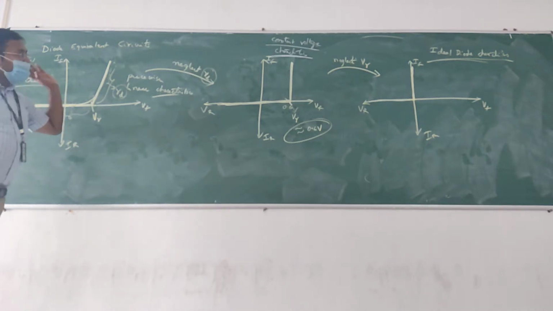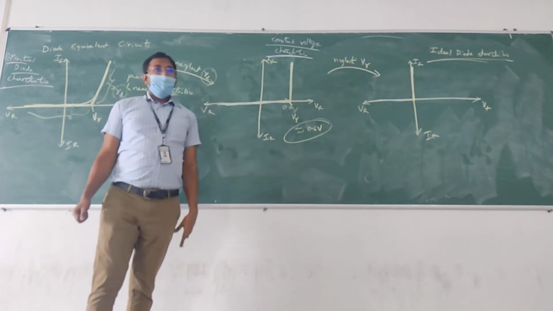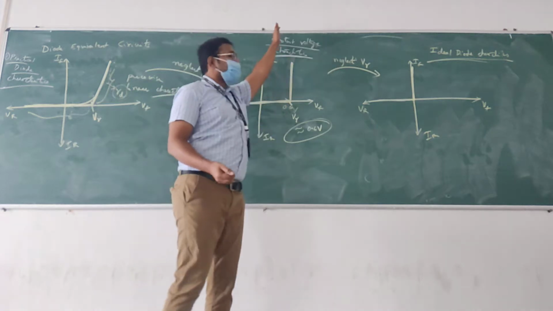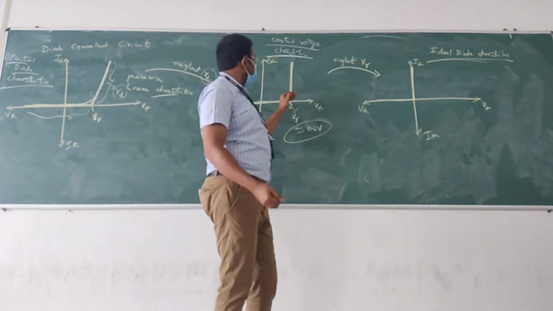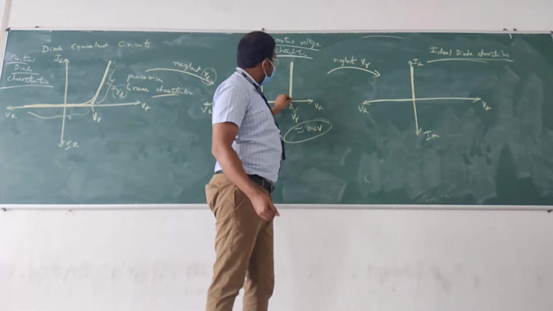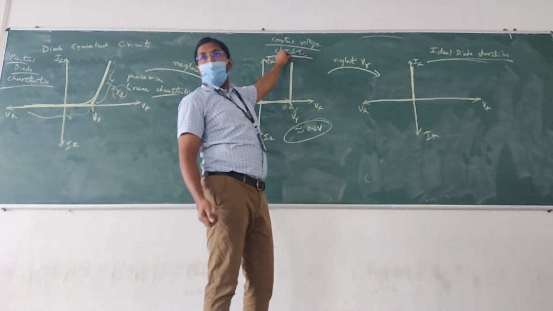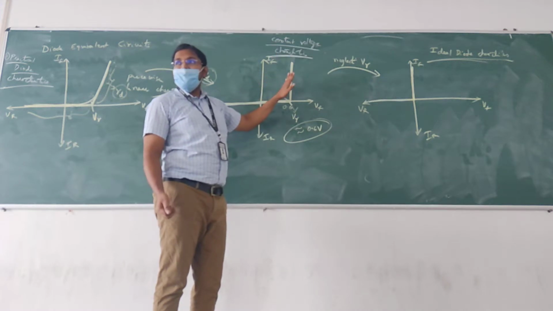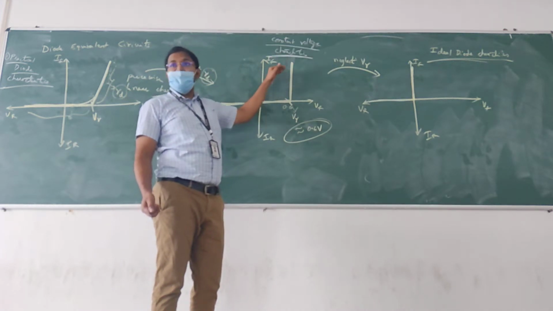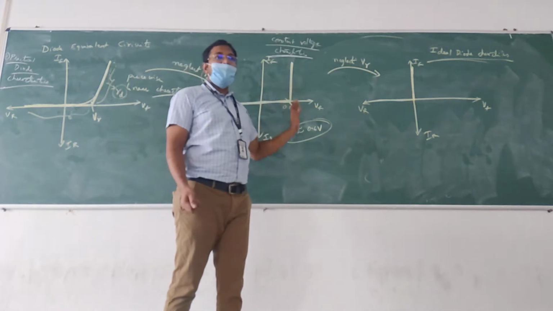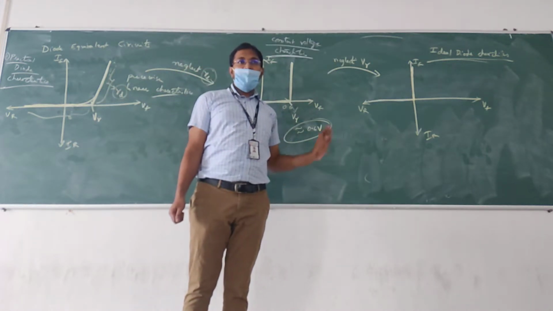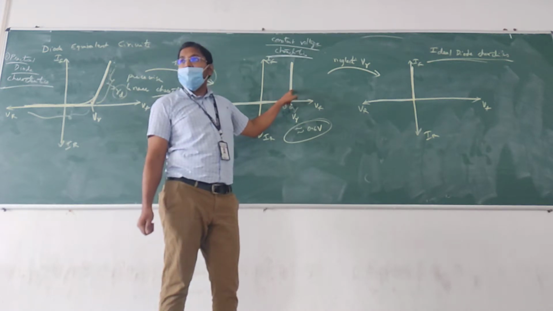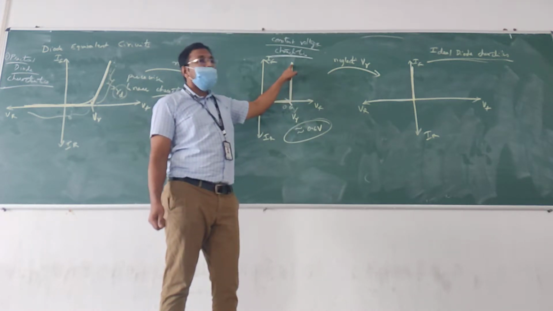Why is this called constant voltage characteristics? Just observe. When we travel along this path, the corresponding Y component, which is current, is changing, but voltage is constant. Voltage 0.6, here also 0.6, here also 0.6.